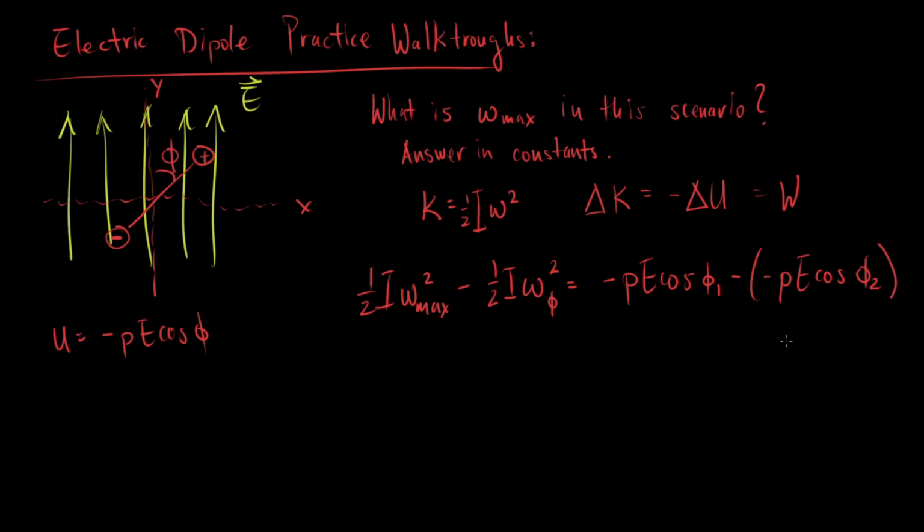So let's pause and think about this conceptually again. Recall, this is the smaller angle, so less potential energy when kinetic energy is at a max, and more potential energy when kinetic energy is at a minimum. So actually I should put theta 2 there. So this makes sense.